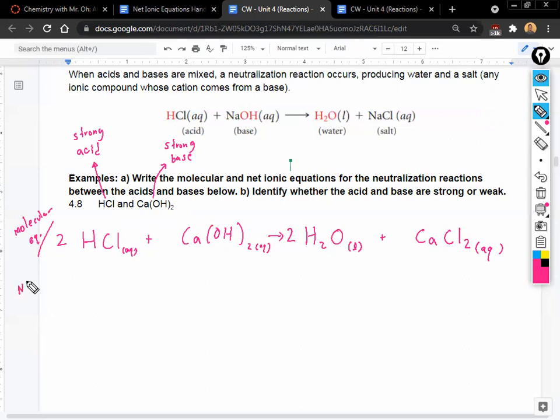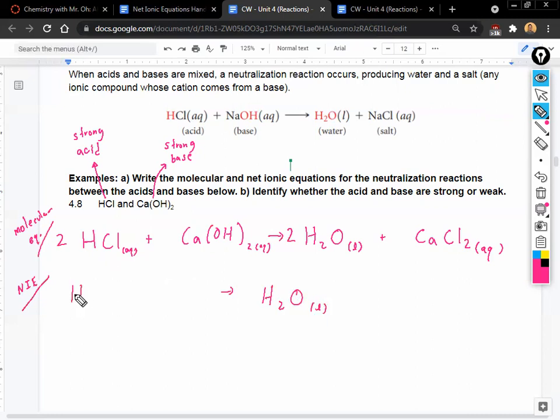Now let's do the net ionic equation, and we're just going to write down the ones that do something. What's the first ion that does something in this reaction? It has to form water, right? Water is the thing that's formed. What are the things that make the water?